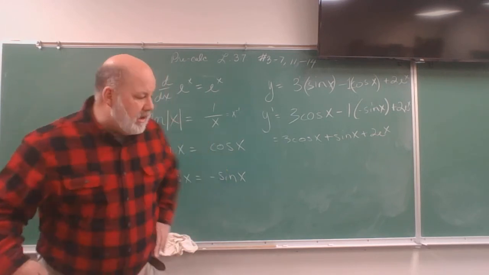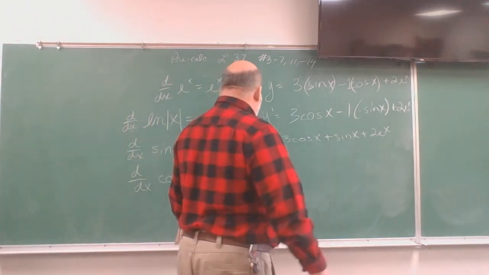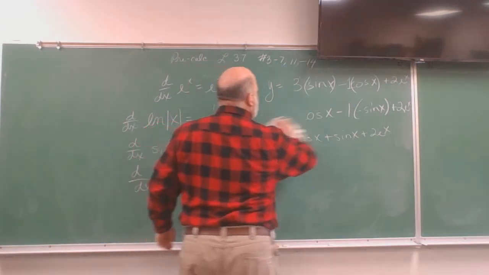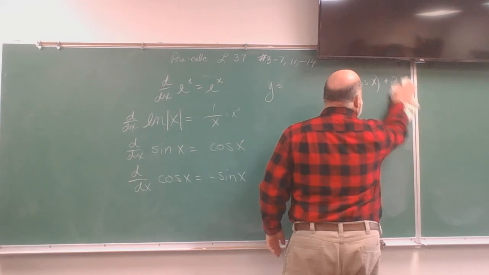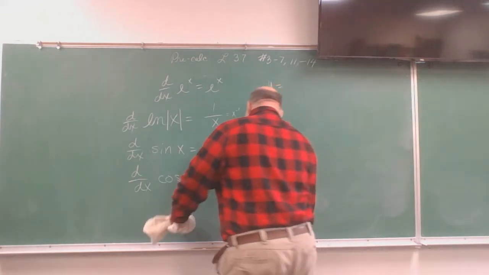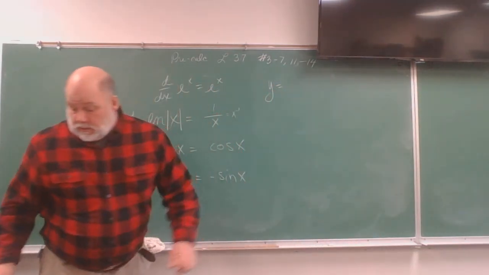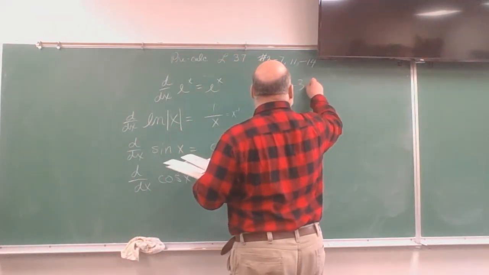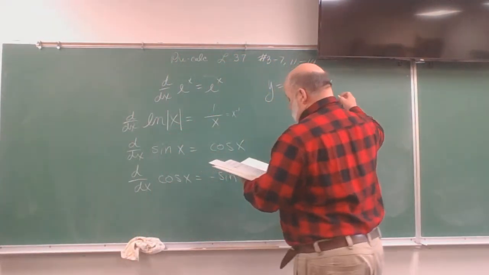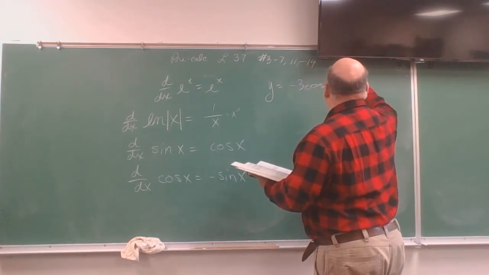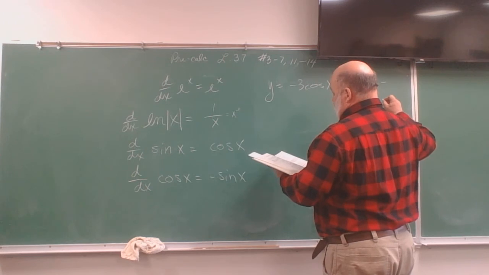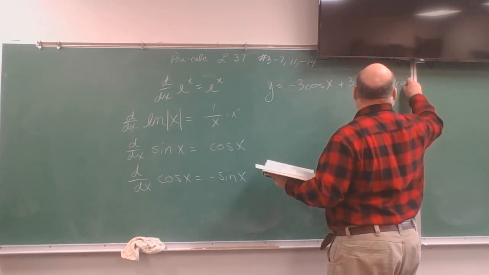One more. We're at 9.5 minutes. So the next one: negative 3 cosine x plus 3 ln x minus 2 sine x.